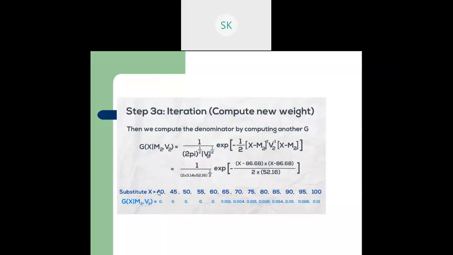Putting these values of x, that is the score of the students, we will get the result. First 5 times 0, then the next is 0.0001. You can cross check this after the lecture, or I will share it with you as well.